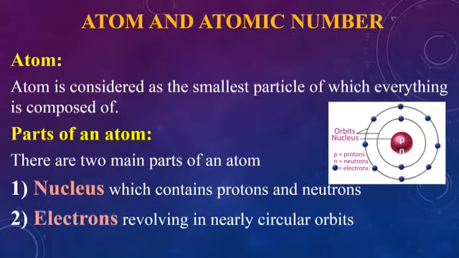In this figure, you can see there are 10 electrons revolving around the central part, that is the nucleus, and the nucleus contains protons and neutrons. Next we will discuss what protons, neutrons, and electrons are, and how we determine the atomic number and atomic mass of an atom.